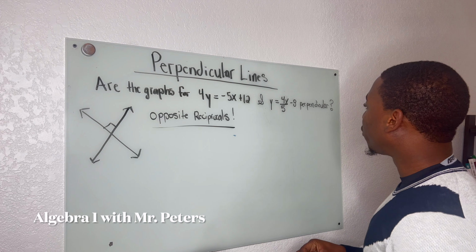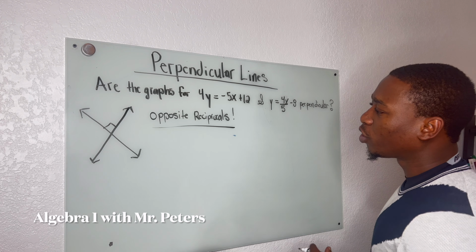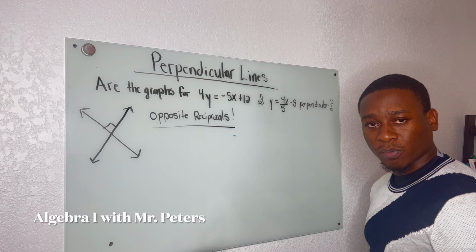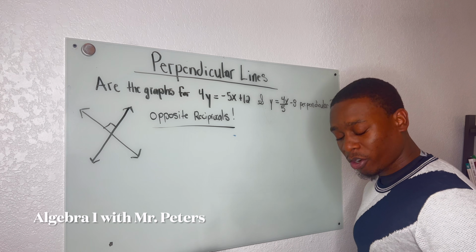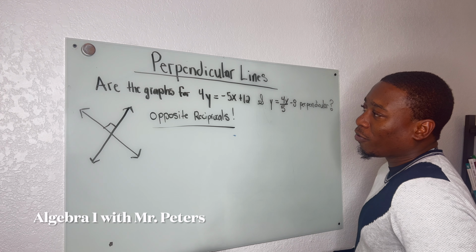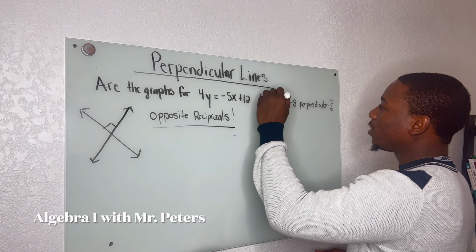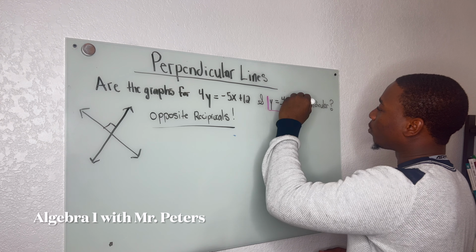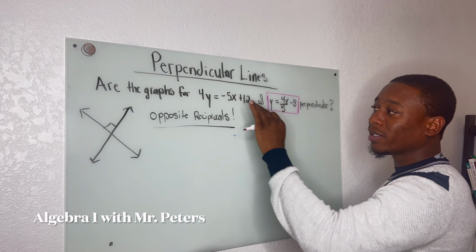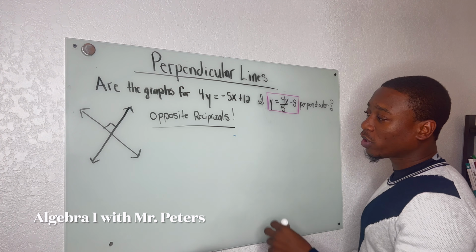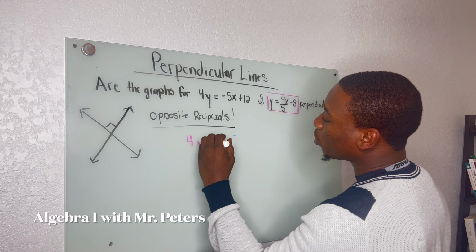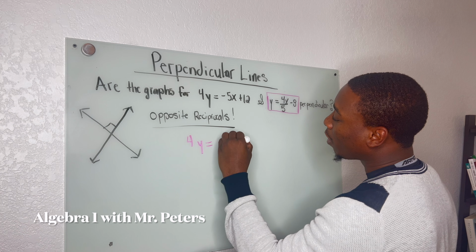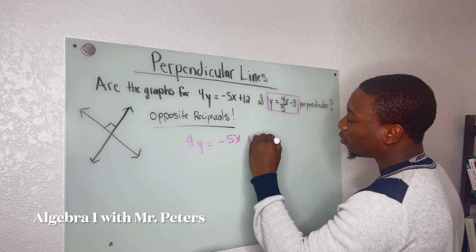So first off, we're trying to determine if these two lines are opposite reciprocals. That's what we need to do. But before we could compare, they need to be in the same form. This is in slope intercept form. This is not. So we need to focus our attention here. So I have 4y is equal to -5x plus 12.